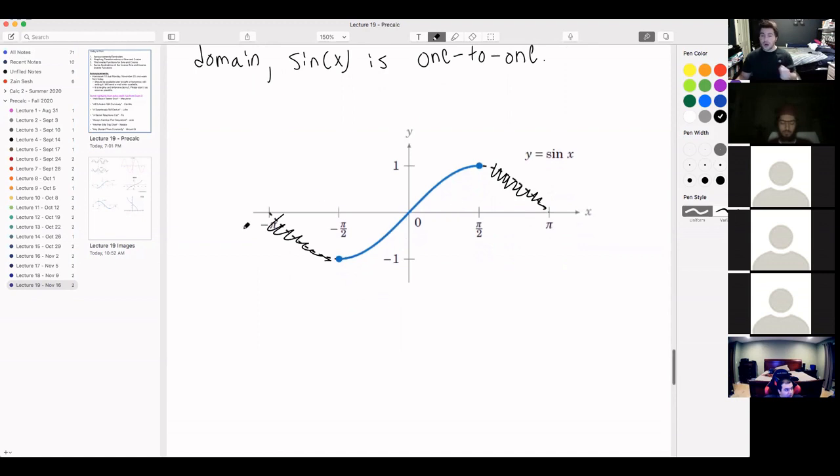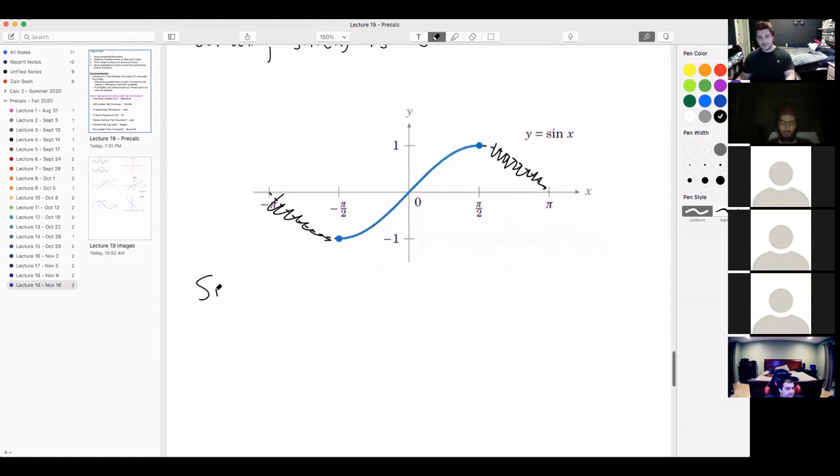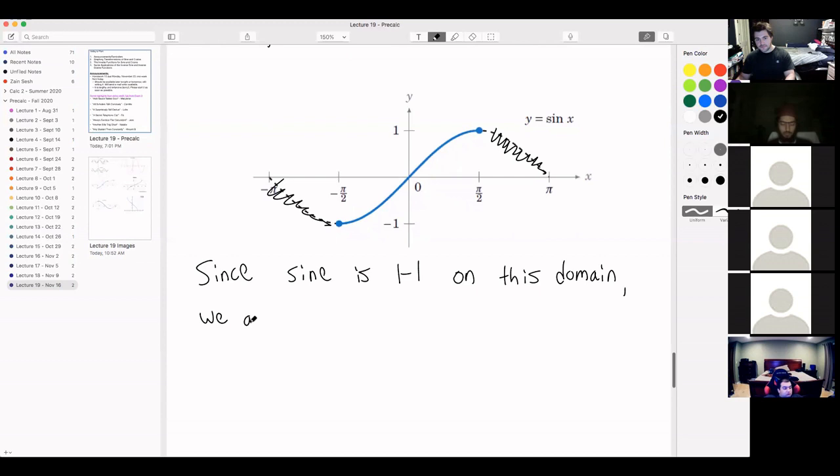And why do we want one-to-one? It's because there's an inverse now. Since sine is one-to-one on this domain, we actually have an inverse.